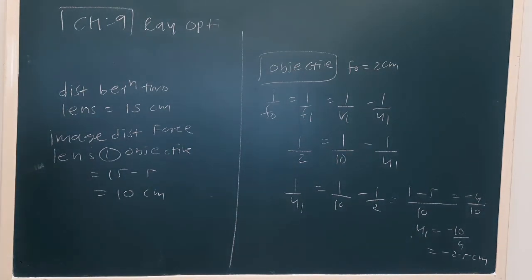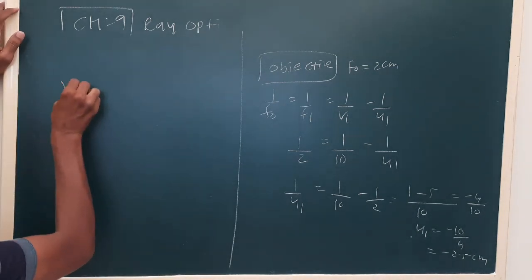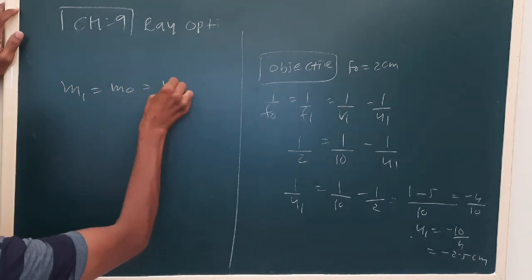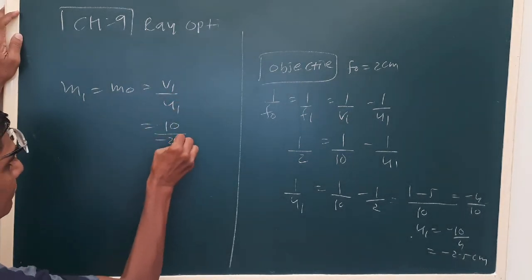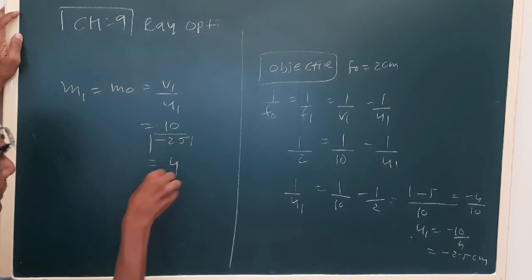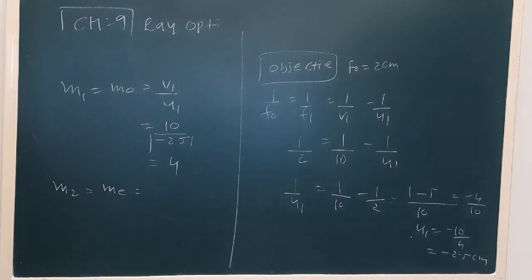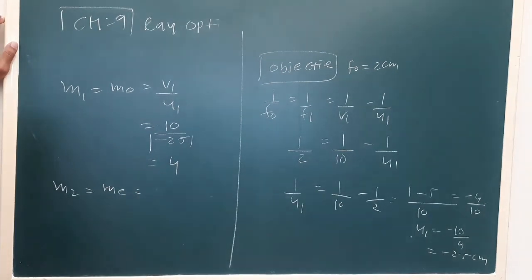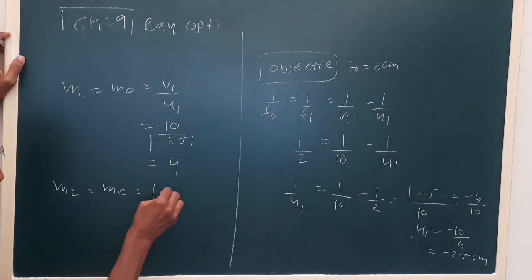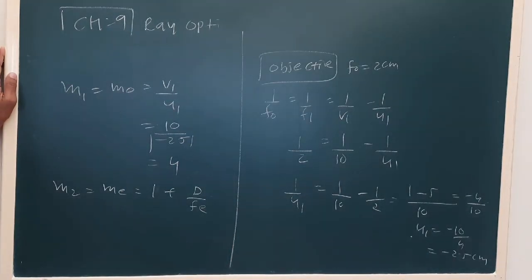Now we have to calculate magnification. Now see M1, V1 by U1, we have obtained, and it will be 4. Now here M2 or Me. Since the image is formed at the near point, we use 1 plus D by F. We derived that when we discussed the simple microscope.